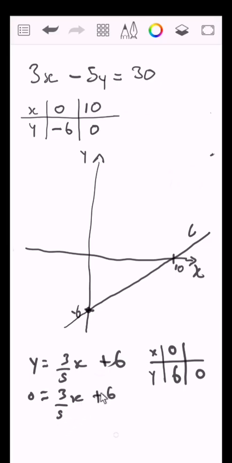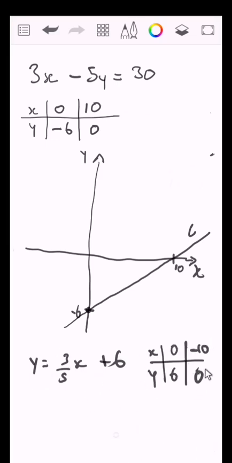So 3 over 5x is equal to minus 6. Cross multiplying, 3x is equal to 5 multiplied by minus 6, which is minus 30. Dividing by 3 on both sides, x is equal to minus 10.